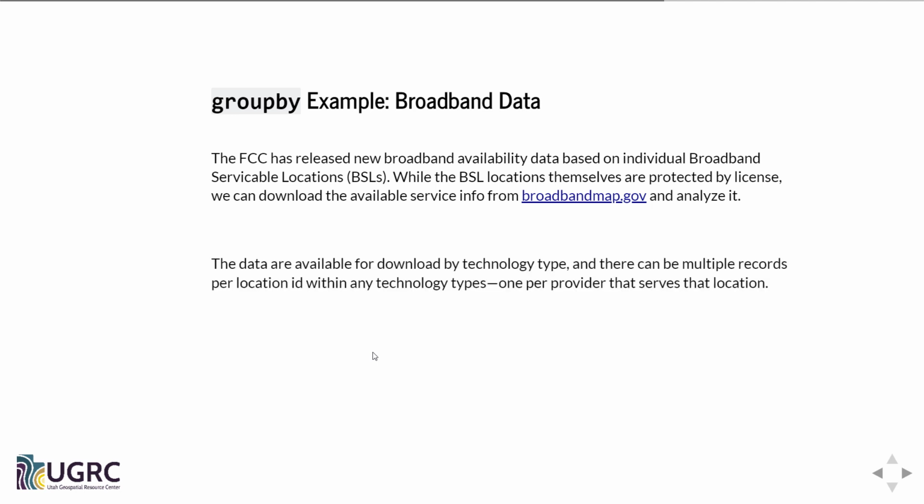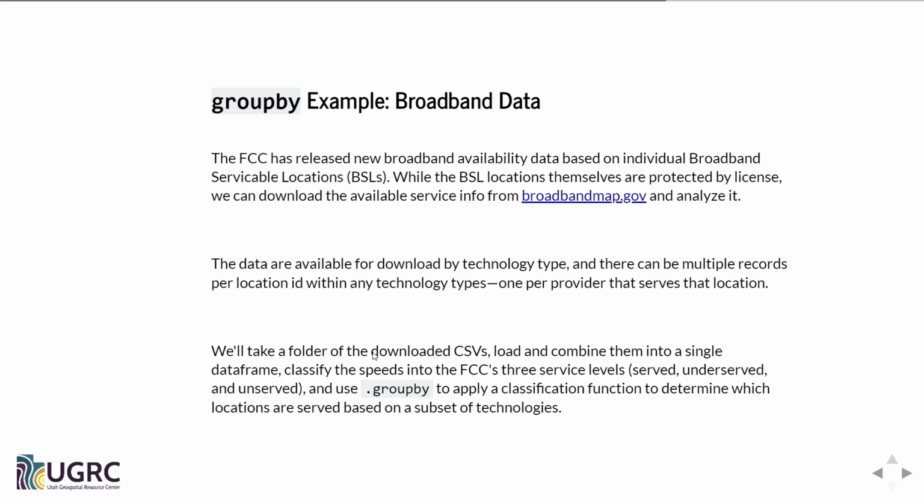So I've already downloaded the data for all of Utah. And this comes by technology. So I downloaded all the DSL data, all the cable data, fiber, wireless, all of this into individual CSVs. Now, the FCC, or a different agency for funding, says we only want to look at a certain subset of technologies to see if their advertised speeds meet a certain threshold.